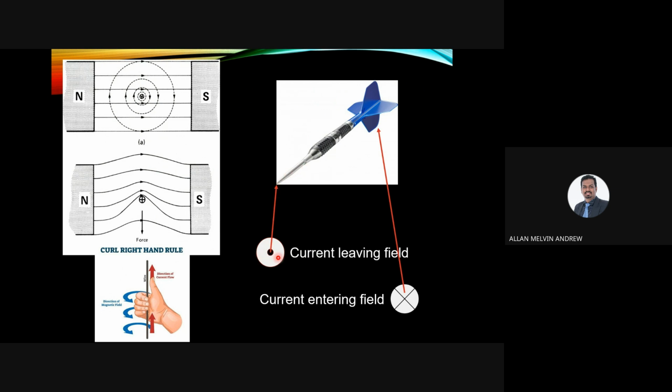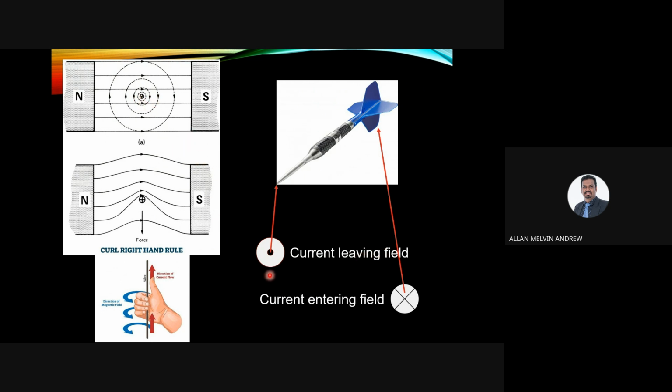If we see it from the front, we see this dot. So we understand the current is coming out towards you, because the arrow is coming towards you. Meaning the current is leaving the field.